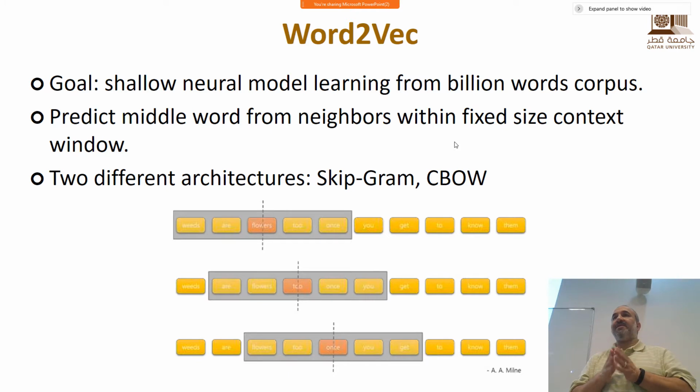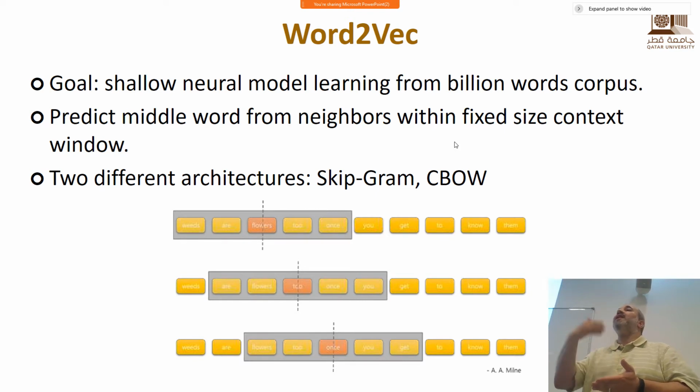But the main idea is we will have access to a very large collection of text, maybe millions or billions of documents, unsupervised. There are no labels, no annotations at all. We will just move this context window across the entire collection, okay?